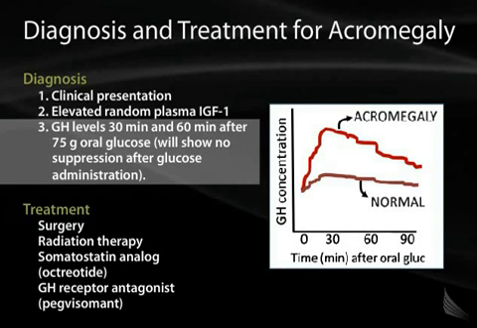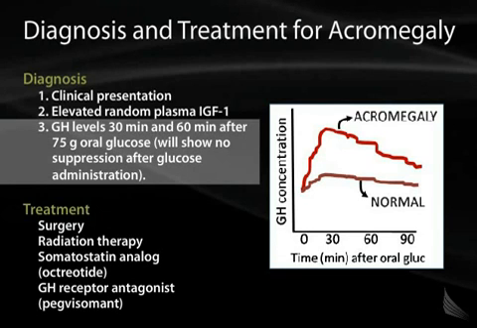So when you give a glucose load to a normal person, that excessive glucose actually suppresses growth hormone because of negative feedback. And again, as shown here in the blue line, you get a flat response of growth hormone when you give glucose. But when you have somebody with acromegaly, where they have growth hormone excess, then giving a glucose load is unable to suppress this normal physiological response, and they continue to have increasing growth hormone despite the presence of glucose.